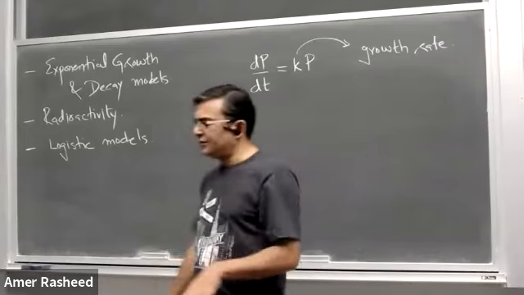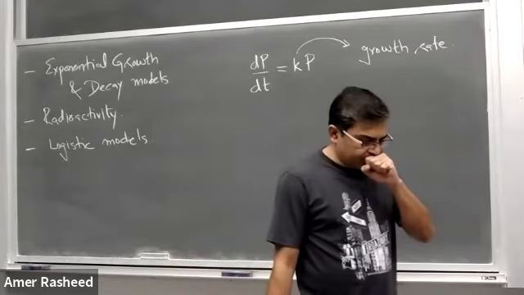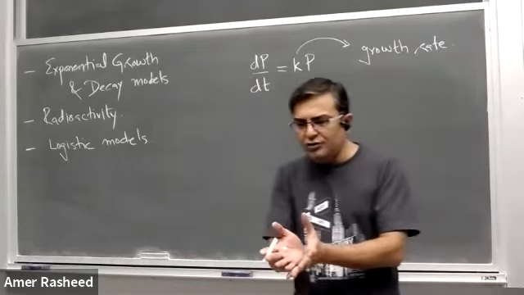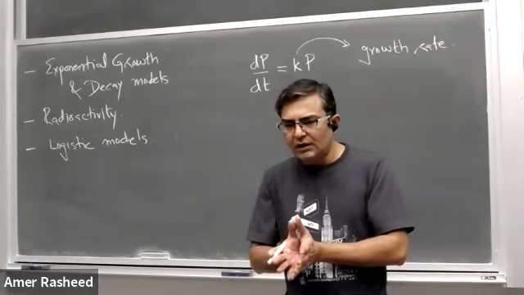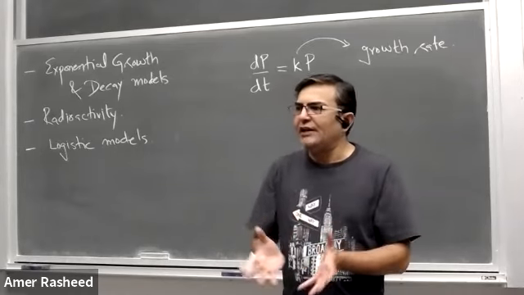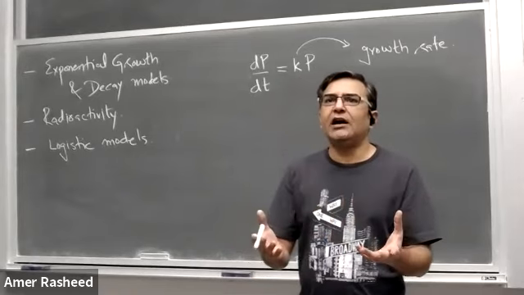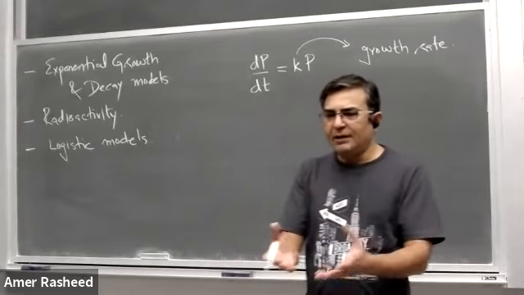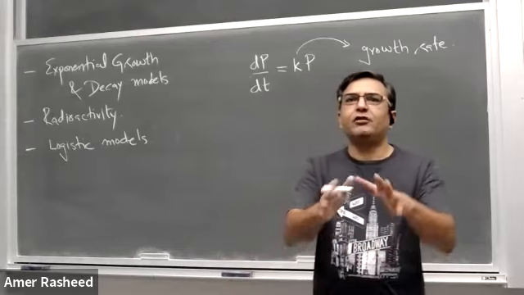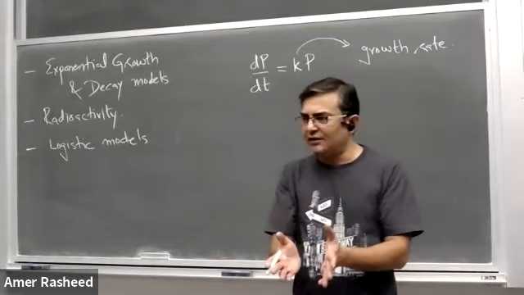Let's talk about population. They have a fixed amount of things to eat, for example, for a maximum of 1,000 bacteria.